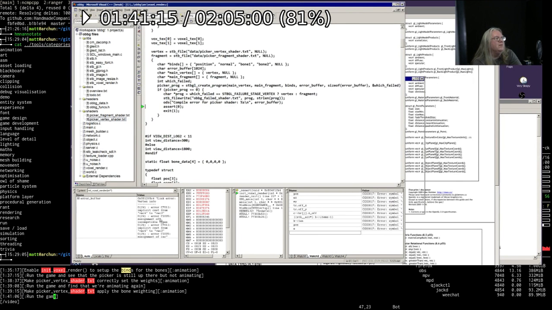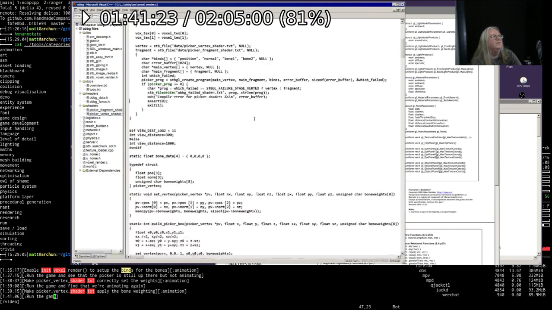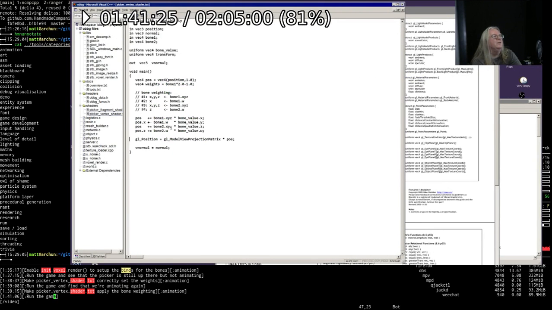Cast from vec 4 to vec 3. Just look at the code. Let's do this. Vec 3 pause equals position.